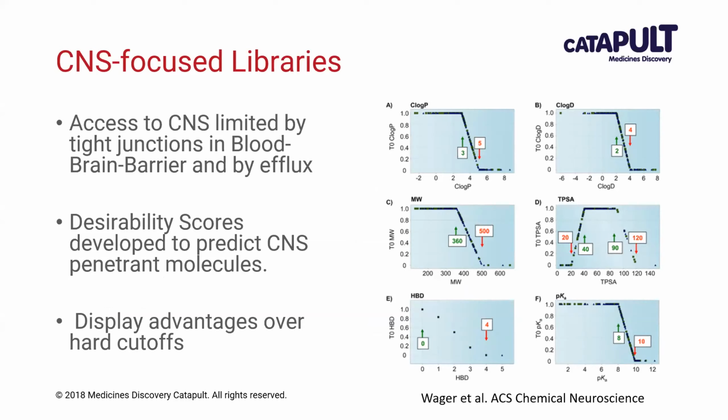And it's been shown that multi-parameter optimization approaches are very effective in allowing you to select molecules that cross the blood-brain barrier. This is an extract from a Pfizer paper that showed how multi-parameter optimization, rather than a series of hard cutoffs in your molecular properties like molecular weight, hydrogen bond donors, enables you to get a really nice compound set.